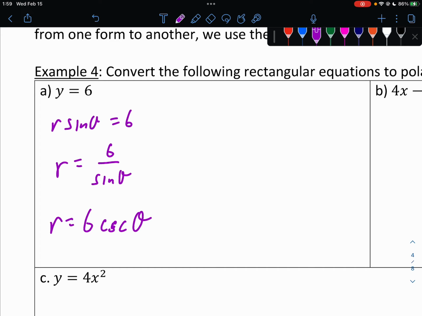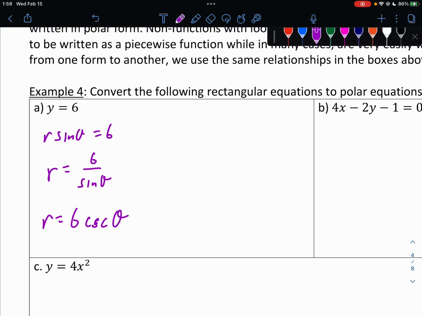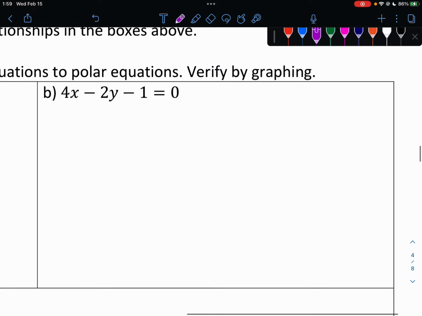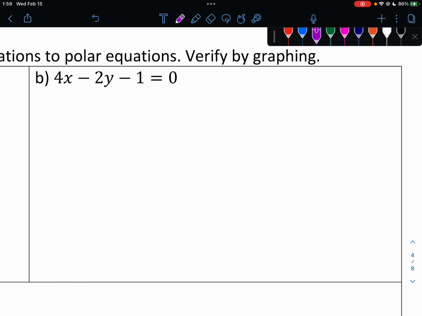All right, and if you want to graph this in your calculator, just make sure you go into polar mode, and then you can type in 6 divided by sine theta to see what that looks like. Question B, we get 4r cosine theta minus 2r sine theta minus 1 equals 0.